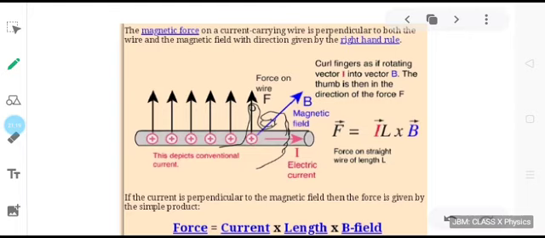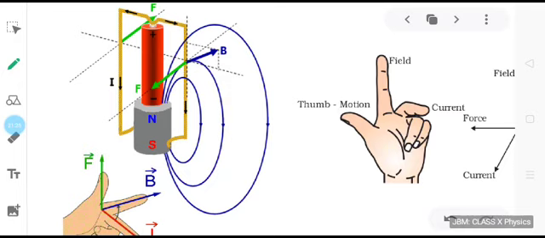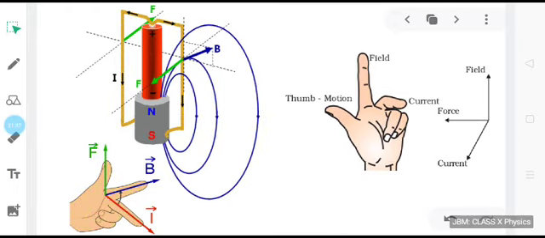Now talking about the direction of the force, that will be given by this rule. Just see how this rule helps us to determine the direction of the force acting on the current carrying conductor.